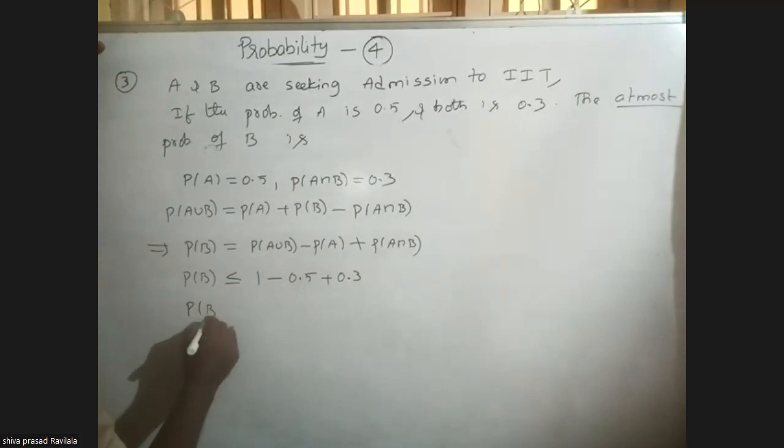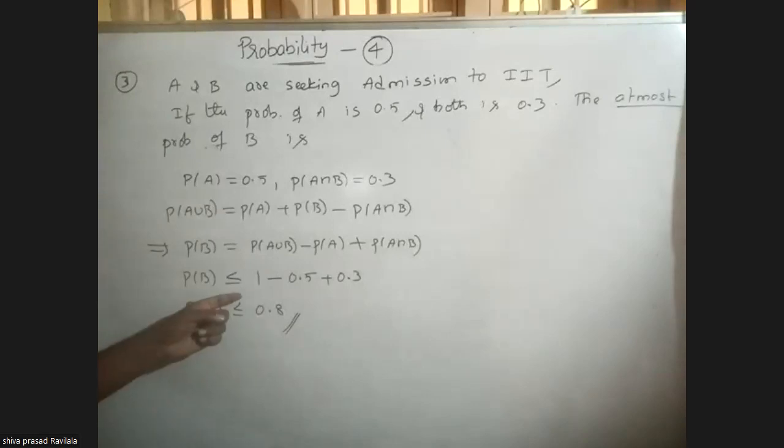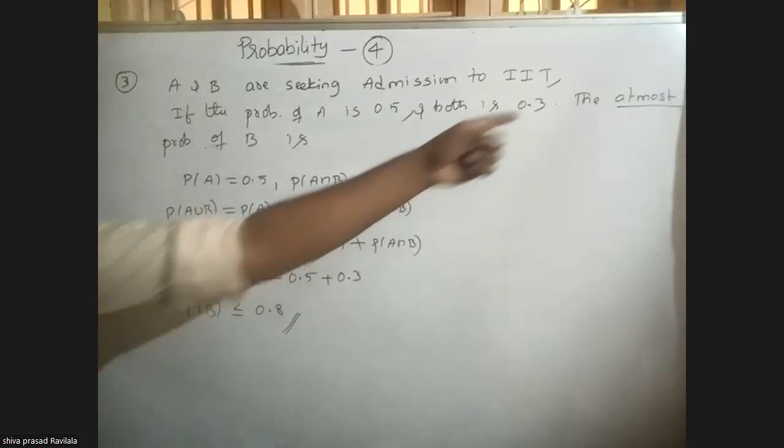That is probability of B less than or equal to 1 minus 0.5 plus 0.3. Answer 0.8. A union B, sum of the probabilities is equal to 1. At least condition means you take that probability of A union B is equal to 1. The maximum value of probability of A union B. That's why I am taking less than or equal to. At most condition is given.